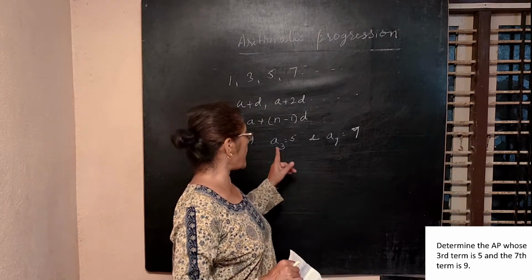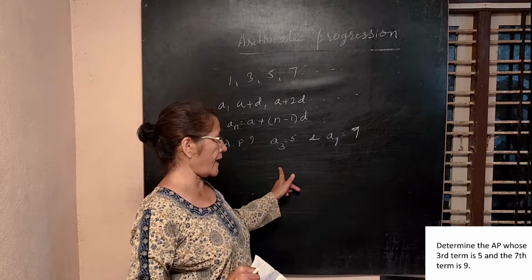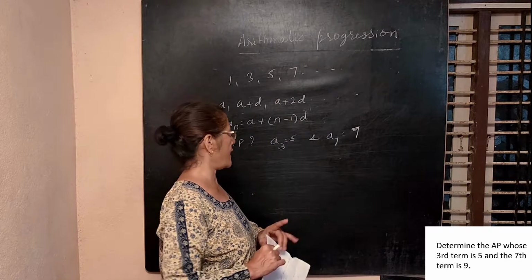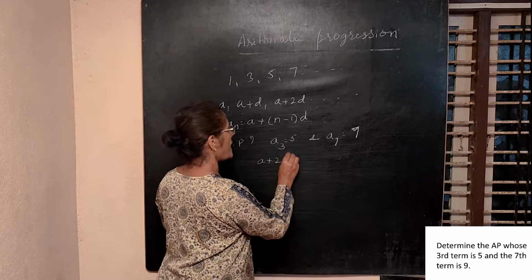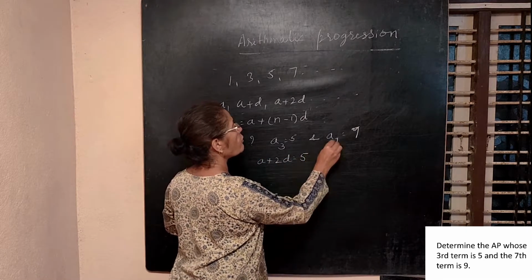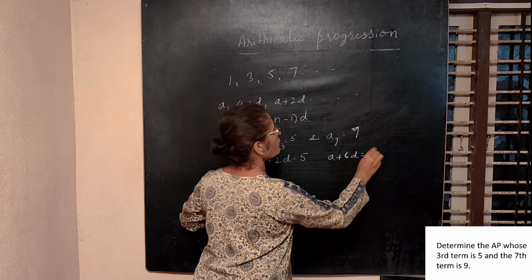So what are the data given? Third term is 5, that is a3 is 5, a7 is 9. So what is a3? a plus 2d is equal to 5. And what is a7? a plus 6d is equal to 9.